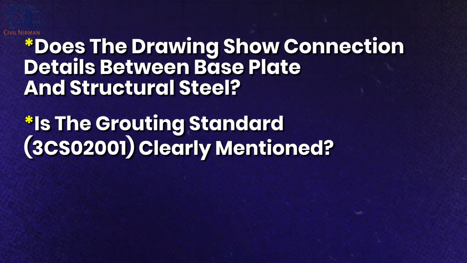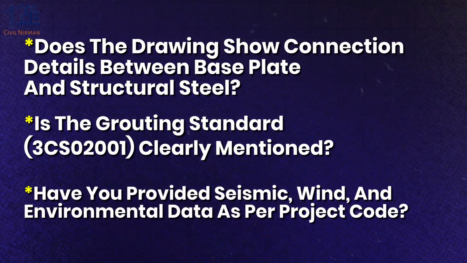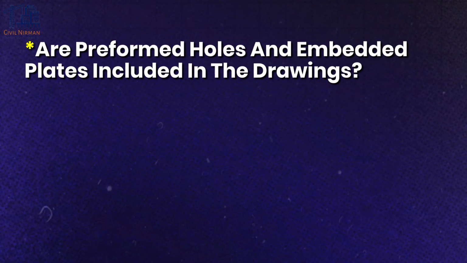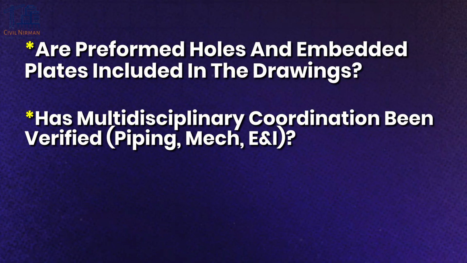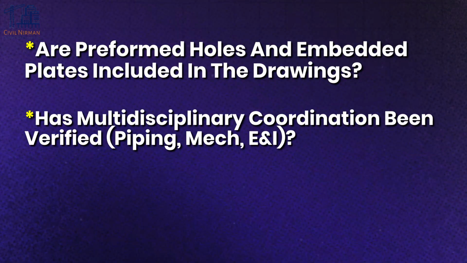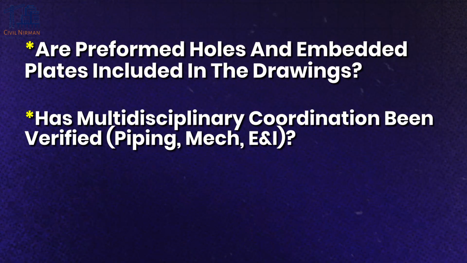Next, is the grouting standard clearly mentioned? Next, have you provided seismic, wind and environmental data as per the project code? Next, are preformed holes and embedded plates included in the drawing? And the last most important point, has the multidisciplinary coordination been verified? I mean, interdisciplinary cross-check has been done with piping, mechanical, electrical and instrumentation.